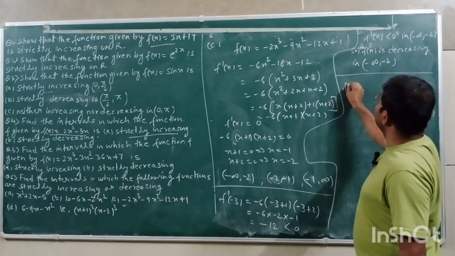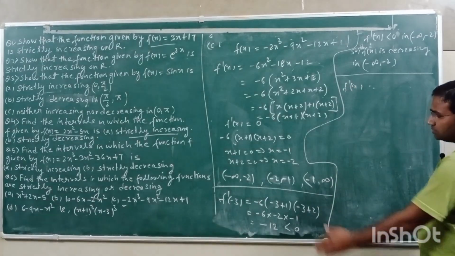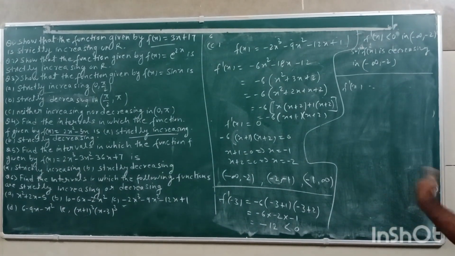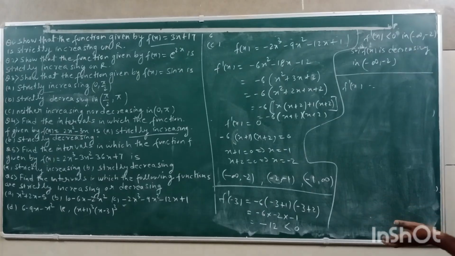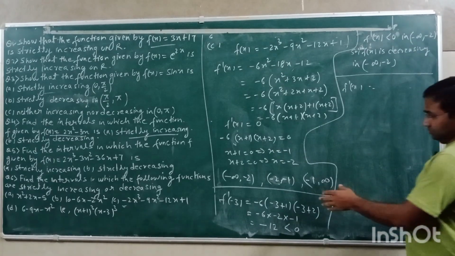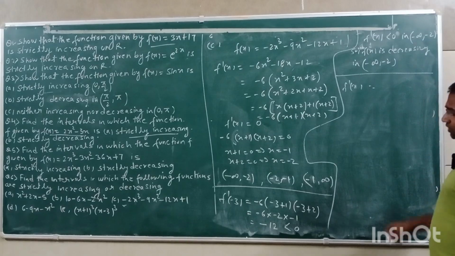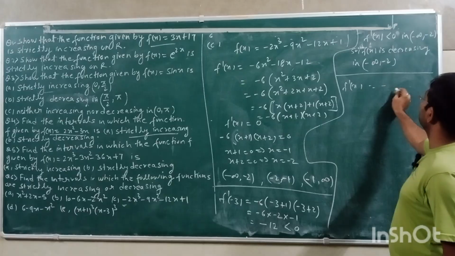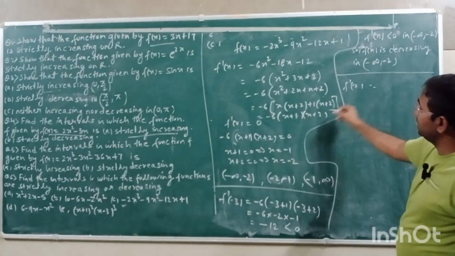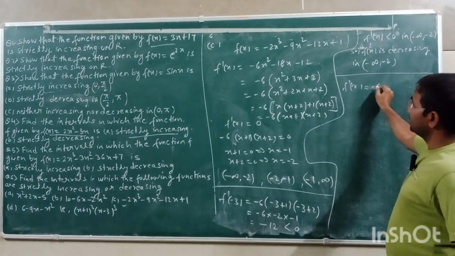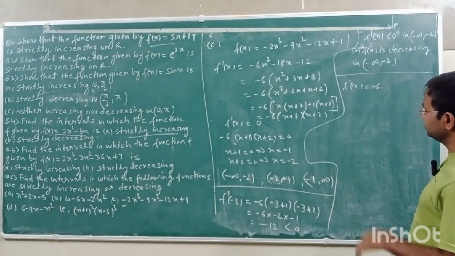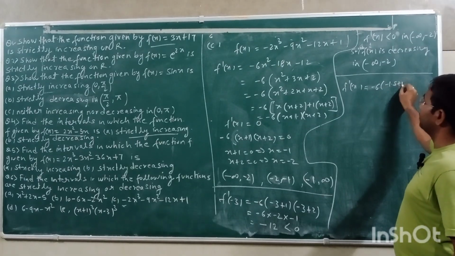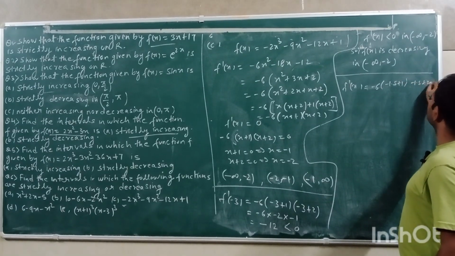Now we will check f dash x in the interval minus 2 to minus 1. Suppose you are taking a value between them, minus 1.5. Let us check. Minus 6, minus 1.5 plus 1, minus 1.5 plus 2.